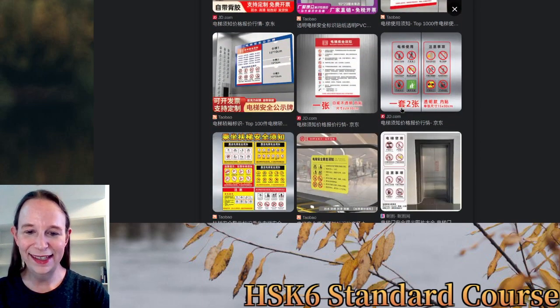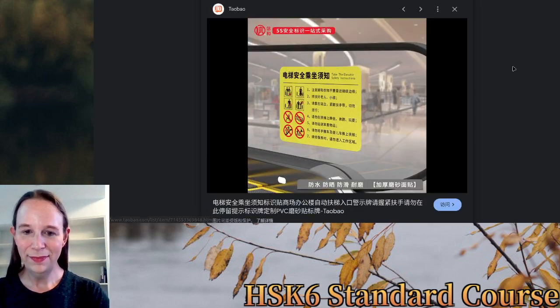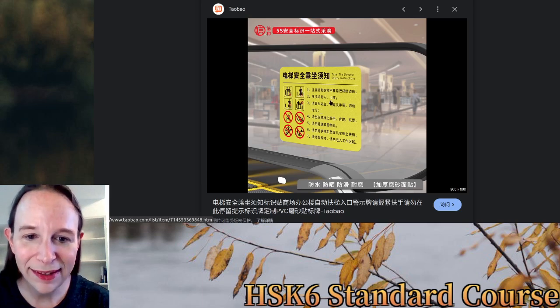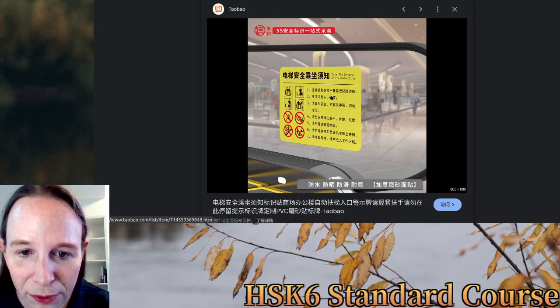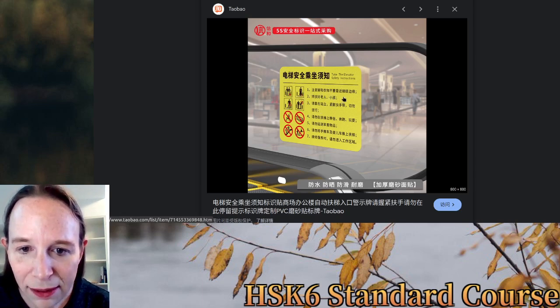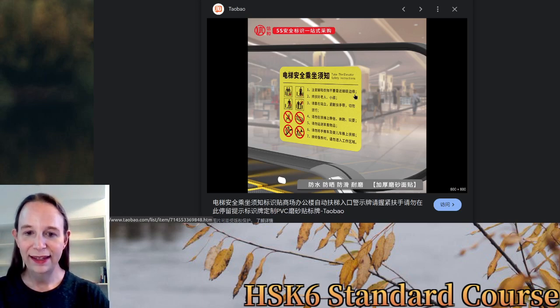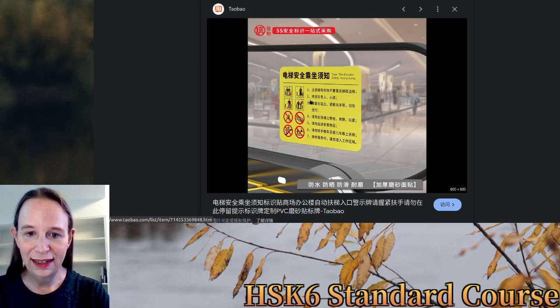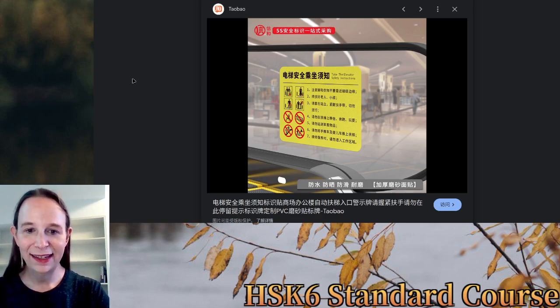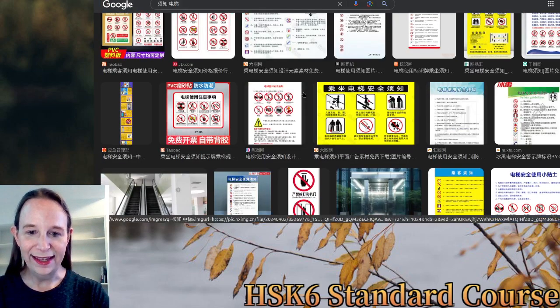Yeah, usually it says just common sense instructions. What do we got here? 注意脚和衣服不要靠近梯级边缘. Oh, okay, so 梯级 will be an escalator, right? So this is escalator rather than elevator. Anyway, you get the idea. 须知. 电梯安全乘坐须知. Oh, okay, so 电梯 is both the elevator and escalator, is it? Yeah, and so on.